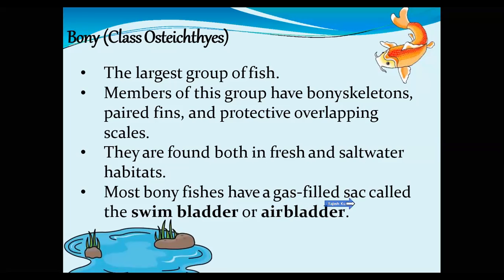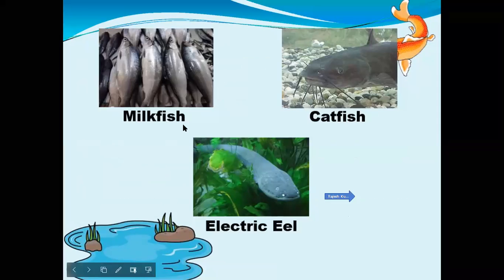Sac means pocket or bladder. This is called the swim bladder or air bladder. In this way, bony fishes have these characteristics. Examples of some bony fishes: milkfish, catfish, electric eel, etc.